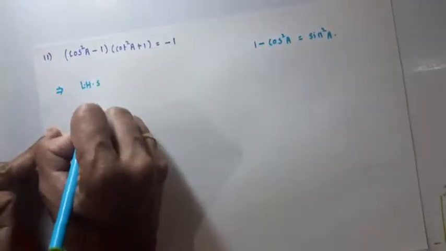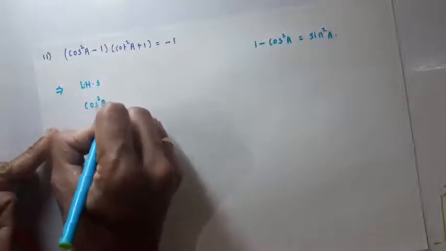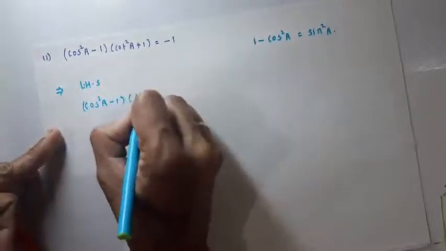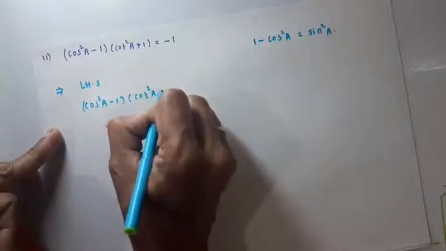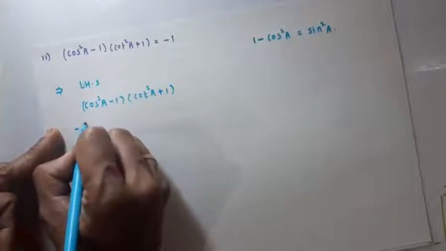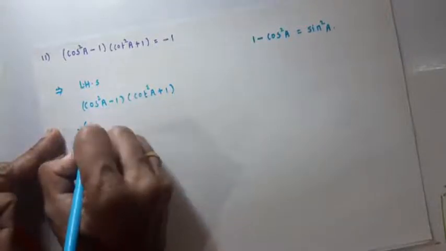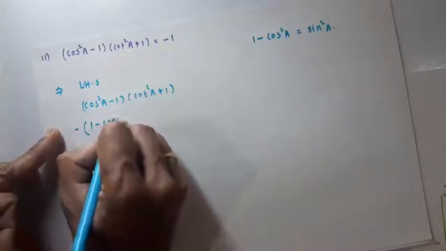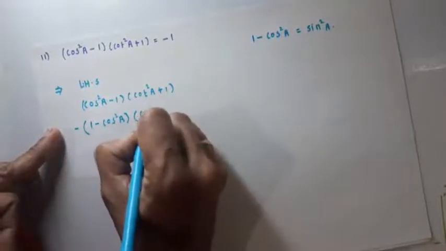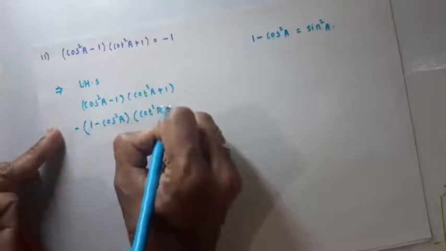So let us consider the LHS. This is cos square A minus 1 into cot square A plus 1. Let us take the negative sign outside in the first bracket. So this is minus of 1 minus cos square A, into cot square A plus 1.